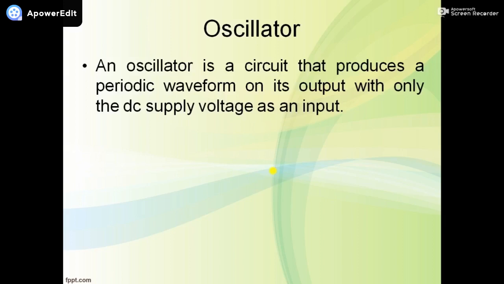With the help of the DC supply voltage, we can generate the frequency of oscillations, and that DC supply is used as the input for the oscillator circuit.